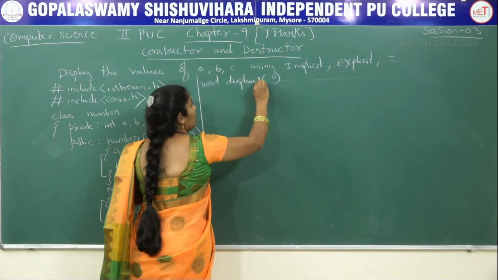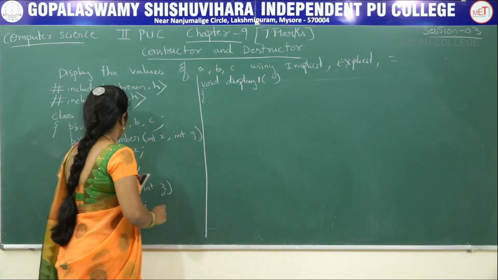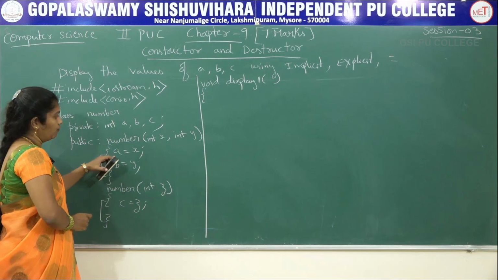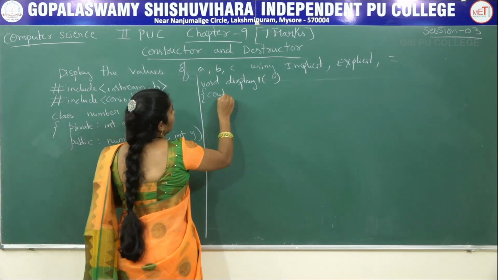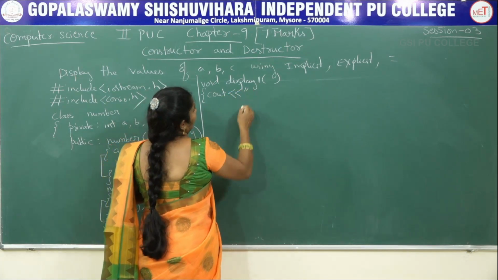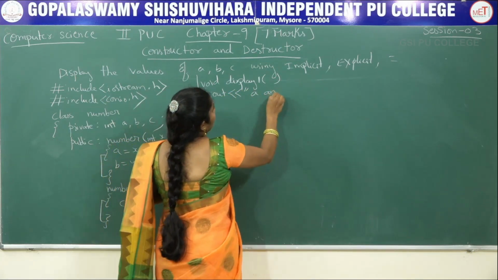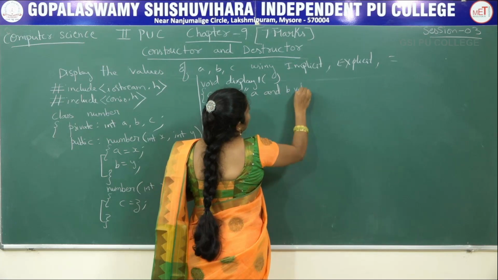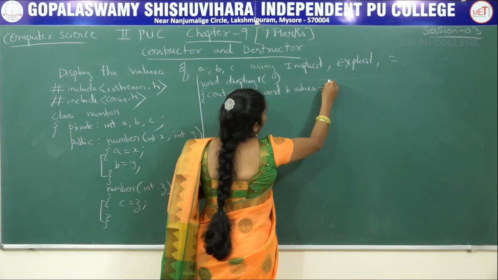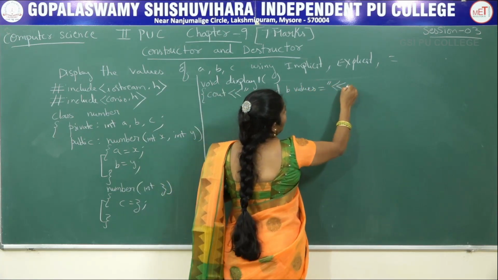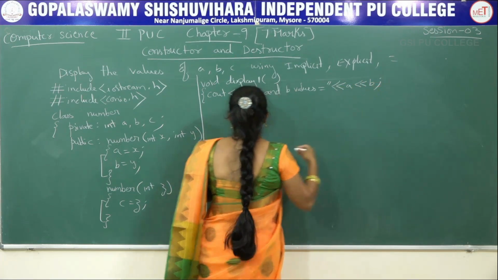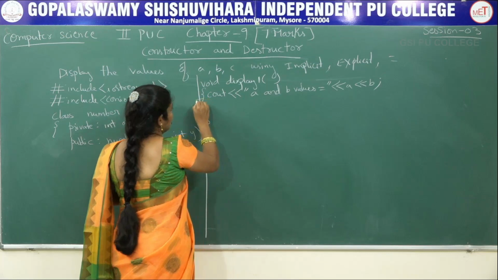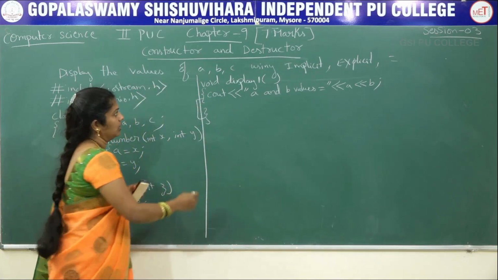Here I am going to display the values of A and B. cout, insertion operator, A and B values equals, display the value of A and then display the value of B. Then close this function, display1 function.